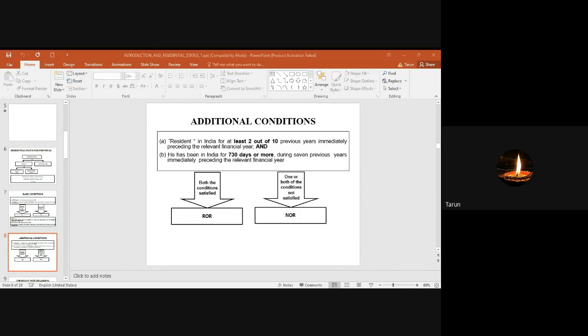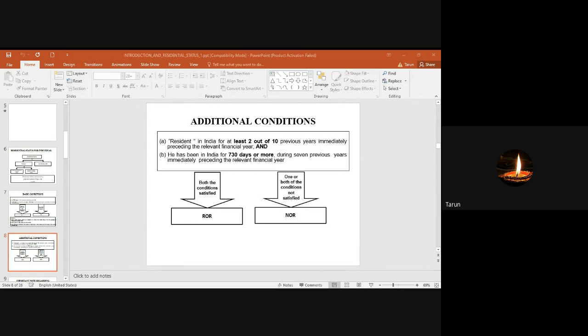Both say 730 days. If you count 2 years, 1 year counts as 365 days, so 2 years is 730 days.